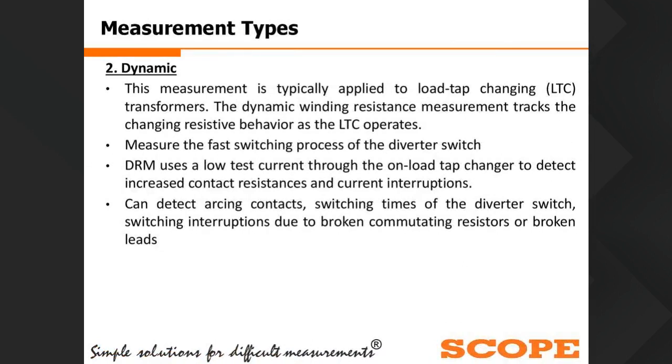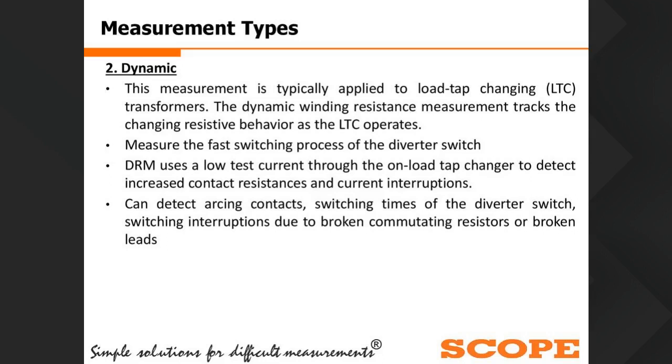The next part is the dynamic resistance measurement. So what is dynamic resistance measurement? Basically, it measures the switching process or switching operation of the diverter or selector switch. Typically, switching time we can't check with the static winding resistance measurement.